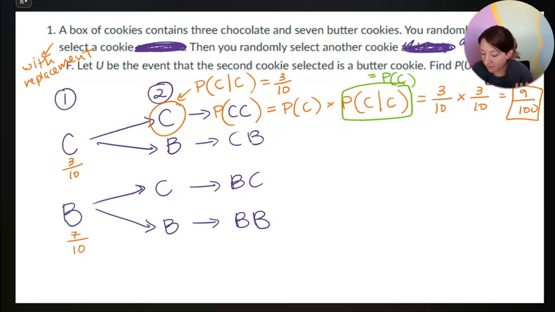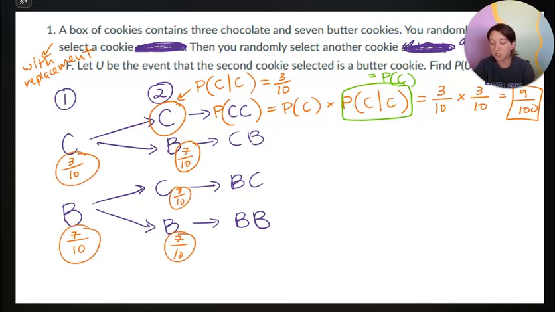For the sake of time, I will just run through the rest of these. Butter on the second would be 7 out of 10, meaning there's 7 butters. We hadn't picked one out at all, not that it matters, but there's still 10 cookies left. For this one, there's 3 out of 10. For this one, there's 7 out of 10. So that denominator is not changing because we aren't eating the cookie. We just put it back in the box.